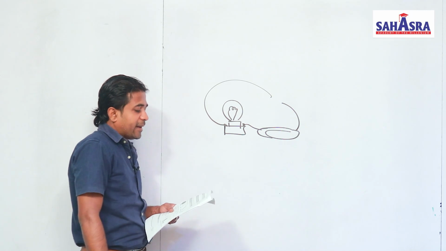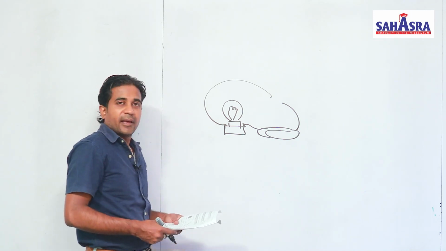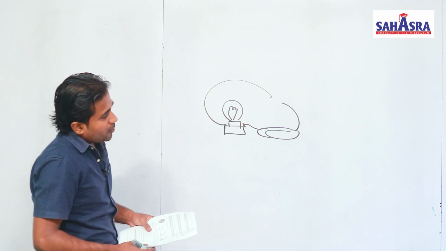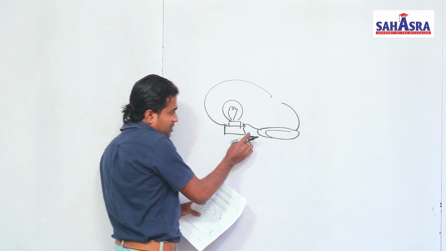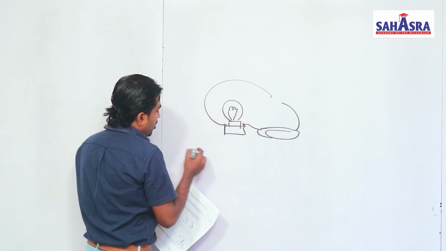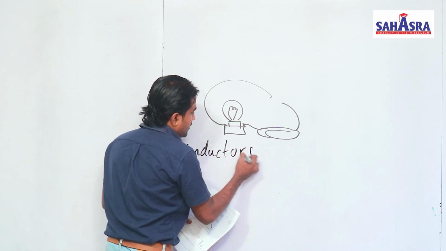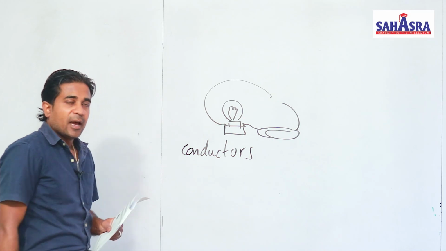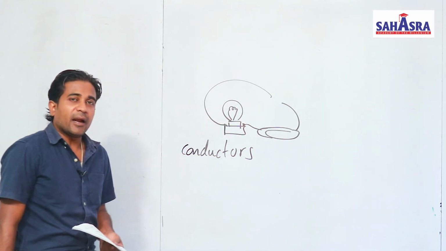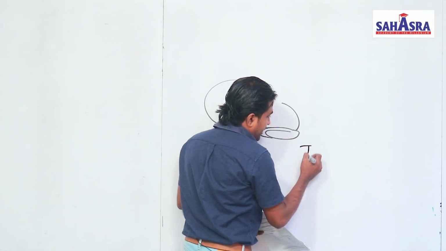We call the materials which allow electricity to pass through conductors. Otherwise, if they do not let the current pass through, we call them insulators.